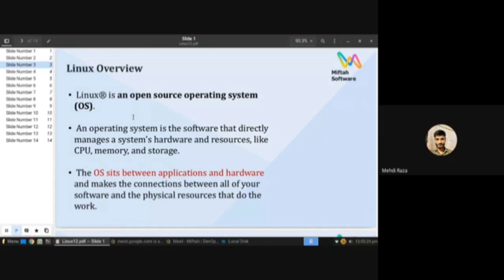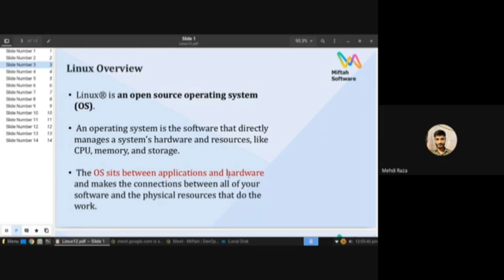An operating system works as a middleman. That means there is a layer between the applications, utilities, and the hardware resources. The OS sits between the applications and the hardware.